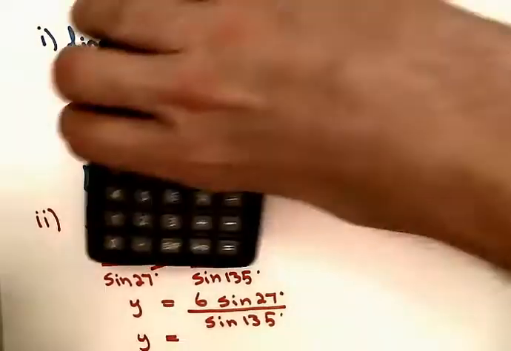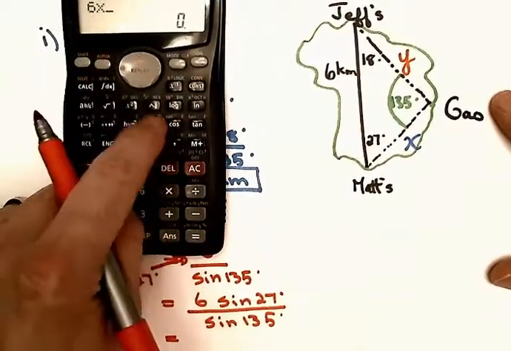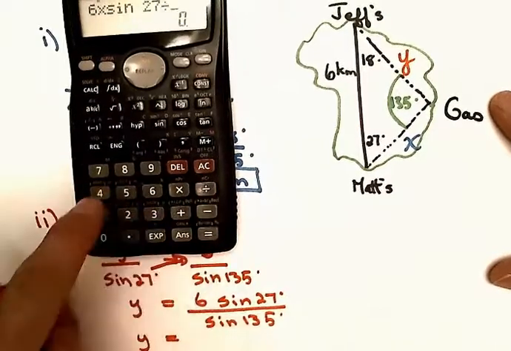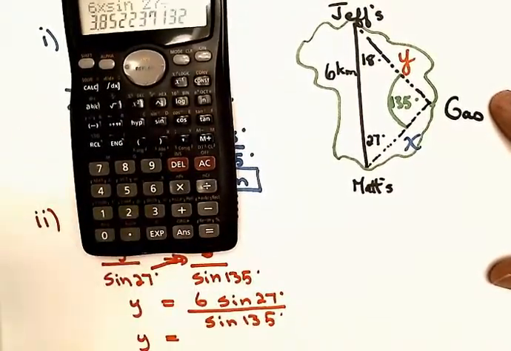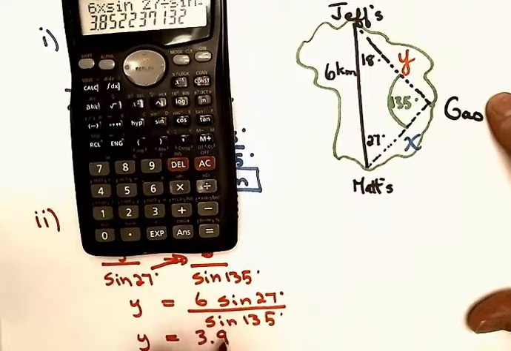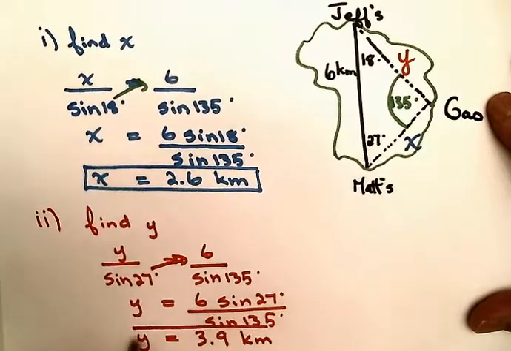Okay, so here we go. 6 times sine 27 divided by sine 135. You get 3 point, well, we could round that to 3.9. And it's kilometers. I like that number. It suits this application. Feeling good about it already for that reason.